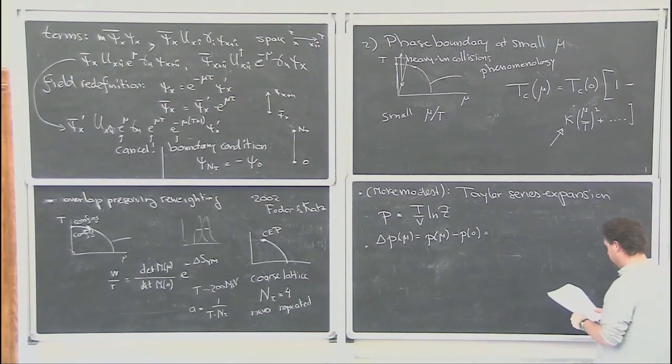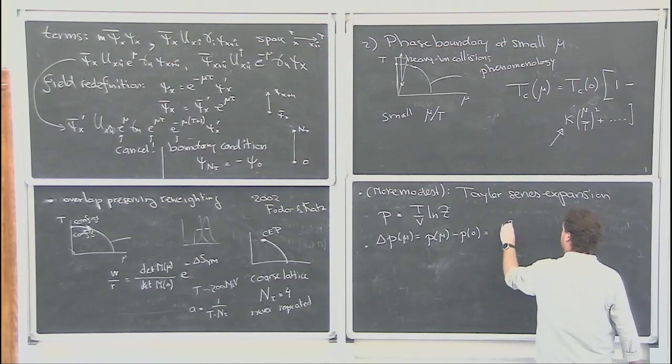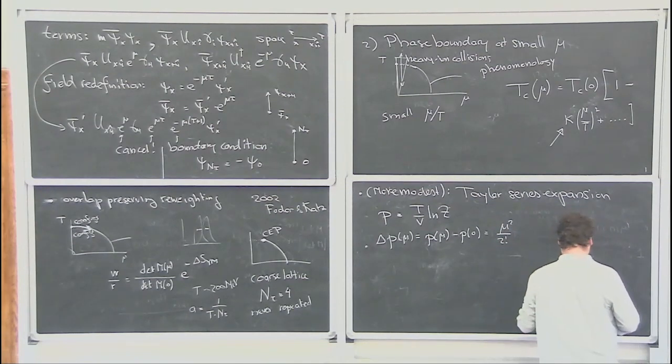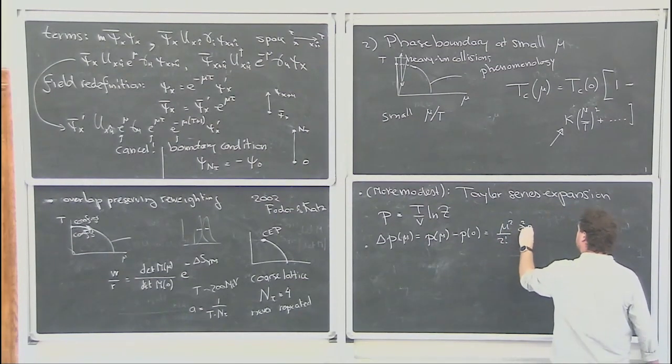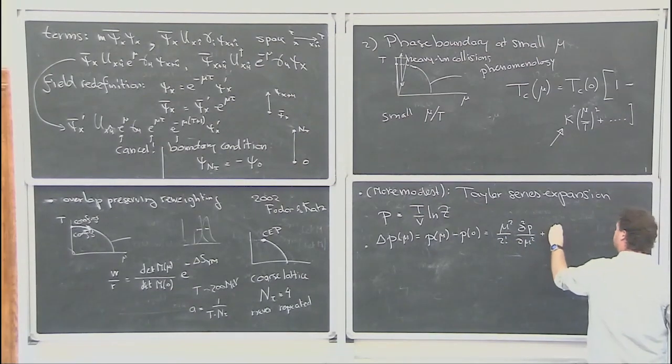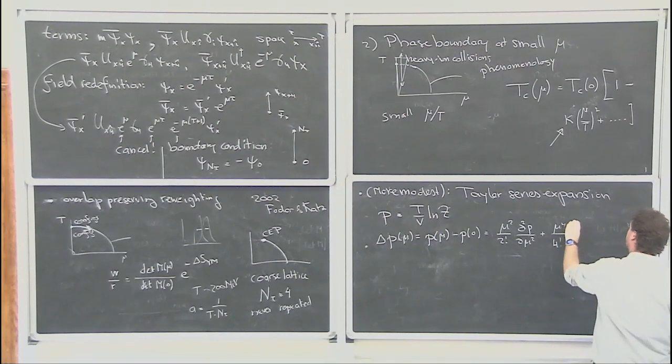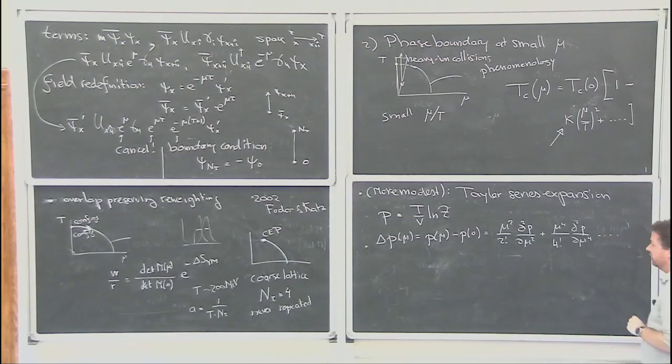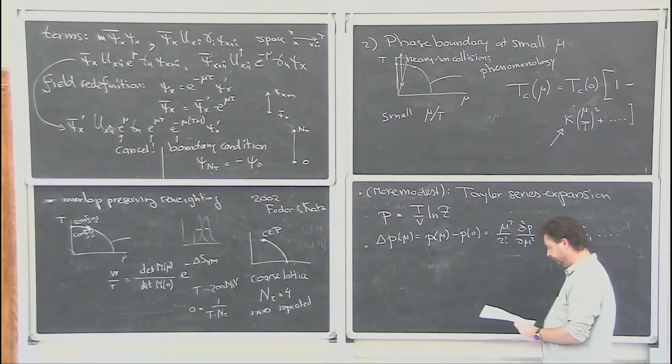It's based on symmetries of the action and the partition function. It's even in mu. So this will be an expansion: mu squared over 2 factorial d2P d mu squared, plus mu to the 4 over 4 factorial d4P d mu to the 4, etc. So we can simply look at the pressure as a thermodynamic variable and do a Taylor series in mu.